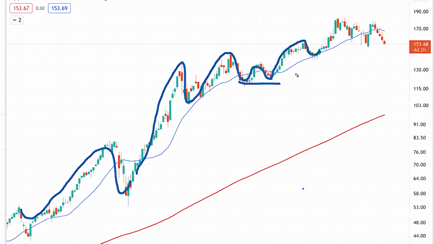Now, the key to playing this properly is to know where you are in the stock's or the item's current cycle. You understand? So you should know, have I been in an upward movement for quite some time, which would suggest that you're probably closer to the end of the upward cycle than you are to the beginning of it or the middle of it. Okay?